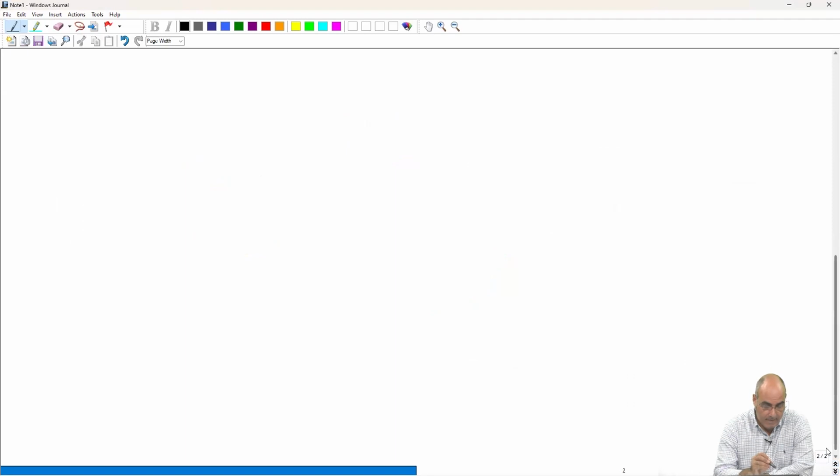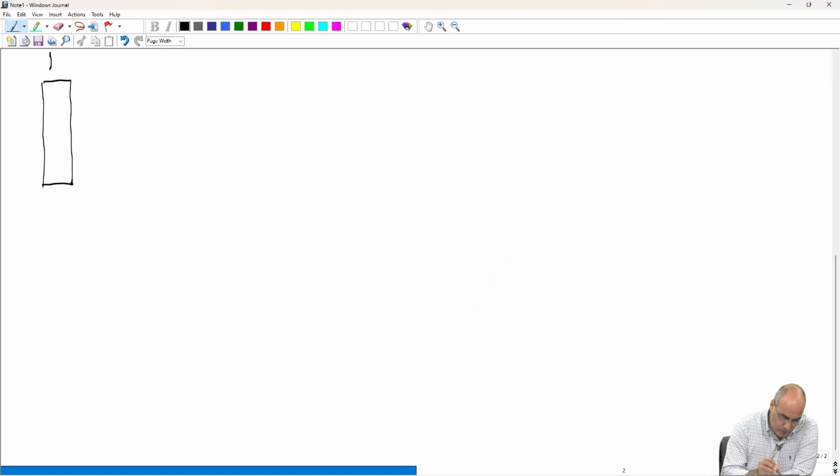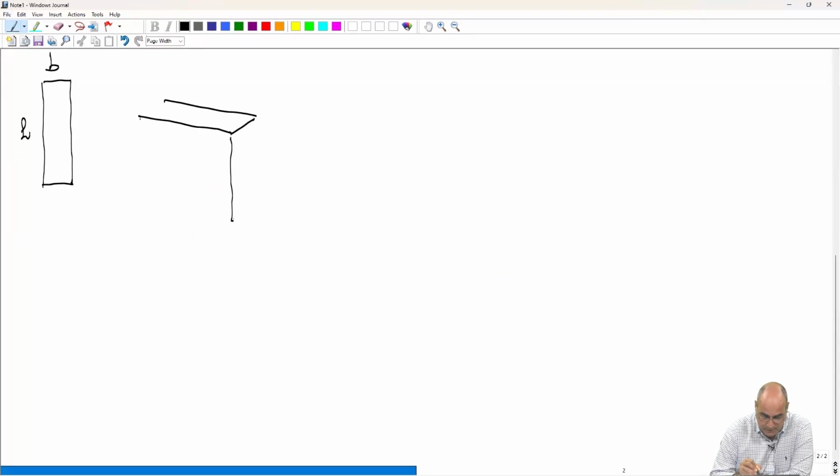Okay. Now, try to reason with me. This is the same cross-section that we have considered before. And imagine that this cross-section belongs to a beam.